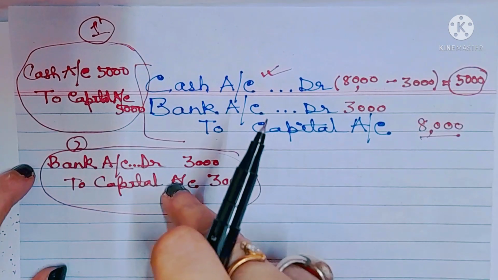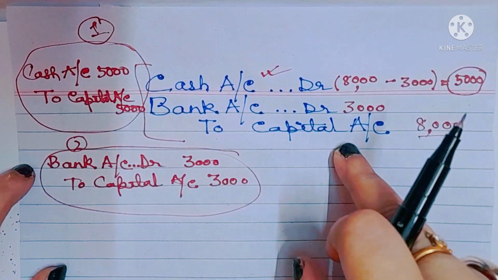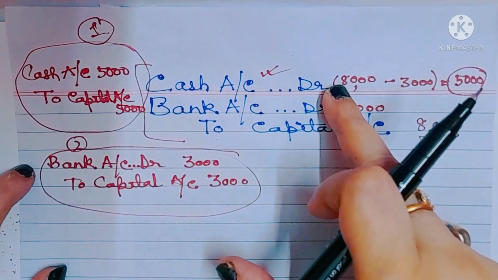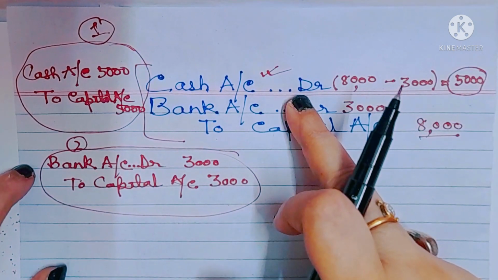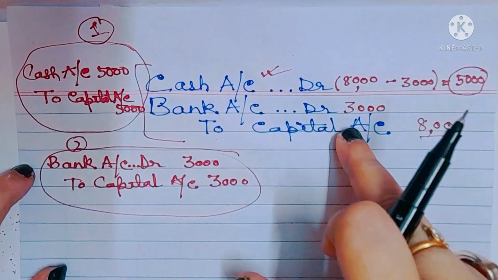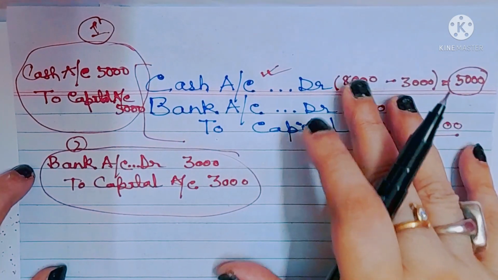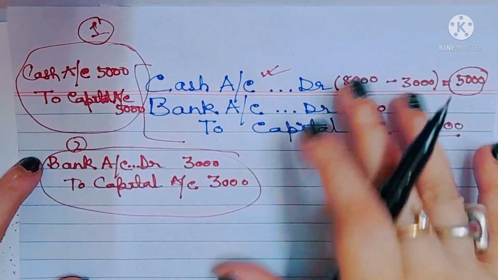These two simple journal entries have been combined into one compound journal entry. So, what is in the compound journal entry? Cash account debit, bank account debit to capital account. Cash account how much? 5,000. Bank account how much? 3,000. Capital account 8,000.